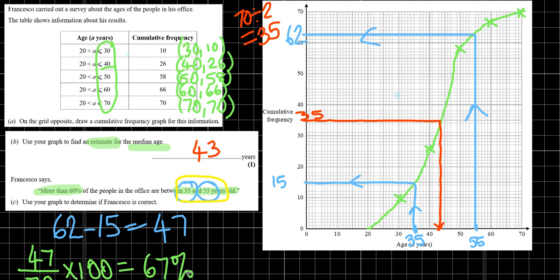That means that if it's more than 60, so if we get 67%, that means it's correct. So we could then conclude that, yes, Francesco is correct.